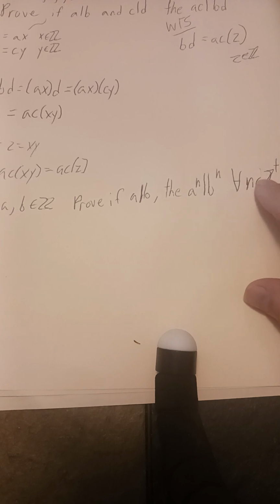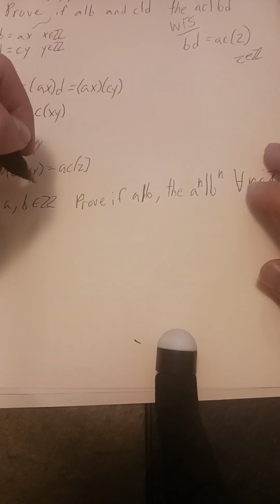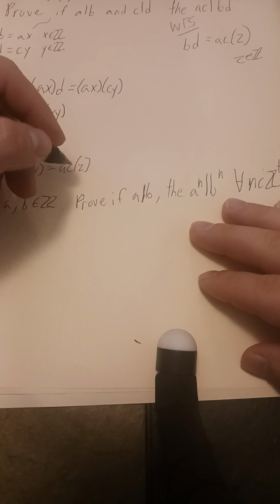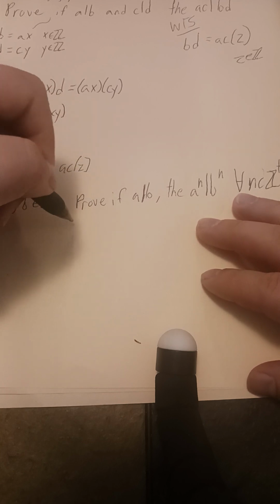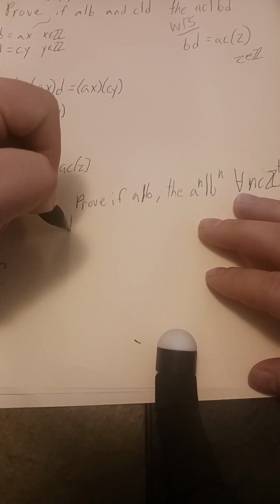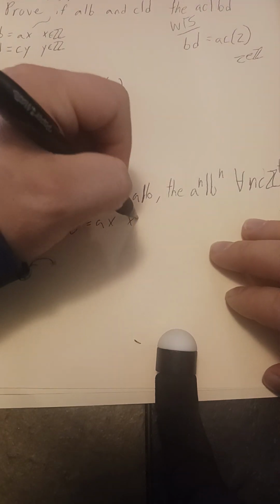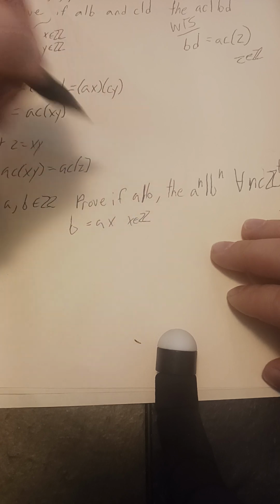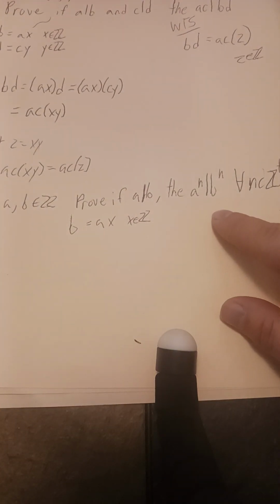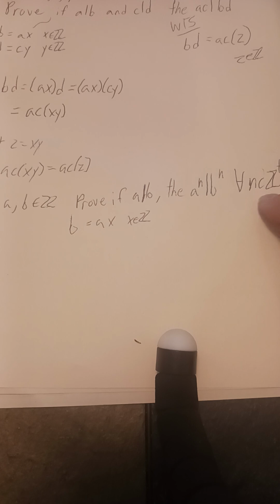So this works for the positive integers, including 0, if we wanted to include 0 on it. Well, let's see. We're going to assume A divides B, so B is equal to AX, where X is in the integers. And we need to show that for every positive N.